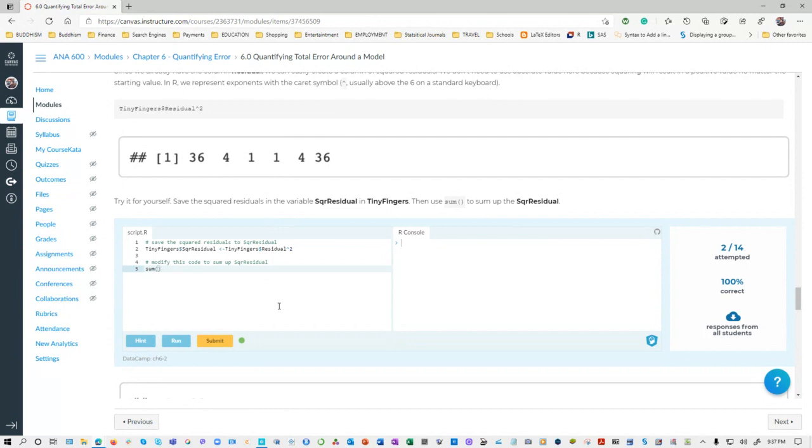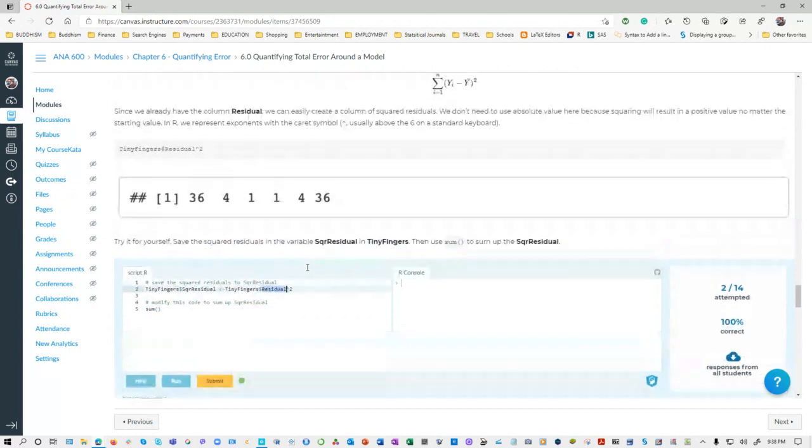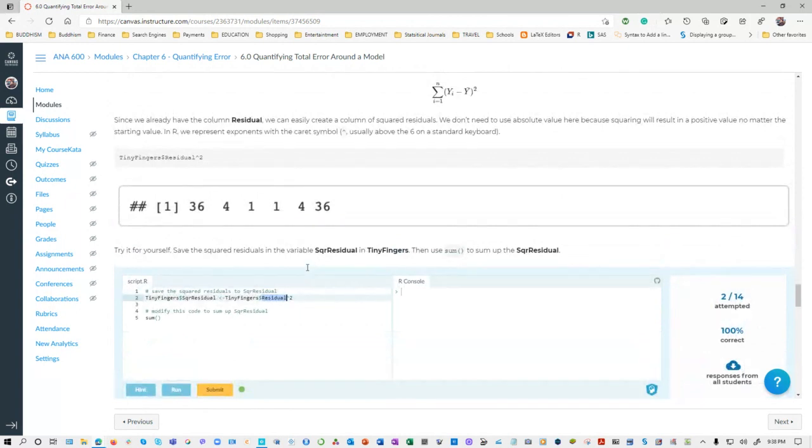In order to get the residual, first you have to get the residual. How do you get it? We already discussed the code for getting the residual; there are two ways. You put it back into the original data set, square it, put it into another variable called squared residual, and then find the sum.